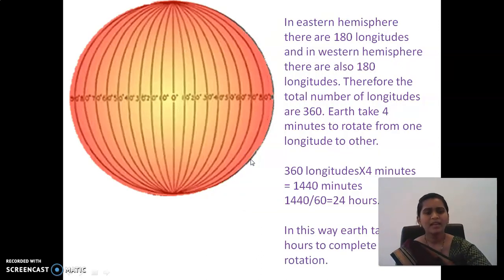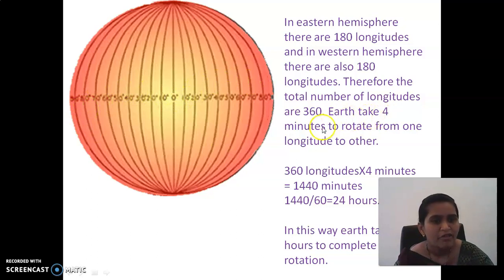Next, this is very important. Listen carefully. This 0 degree longitude is the prime meridian, and we use longitudes to calculate time. In the eastern hemisphere there are 180 longitudes, and in the western hemisphere also we have 180 longitudes.